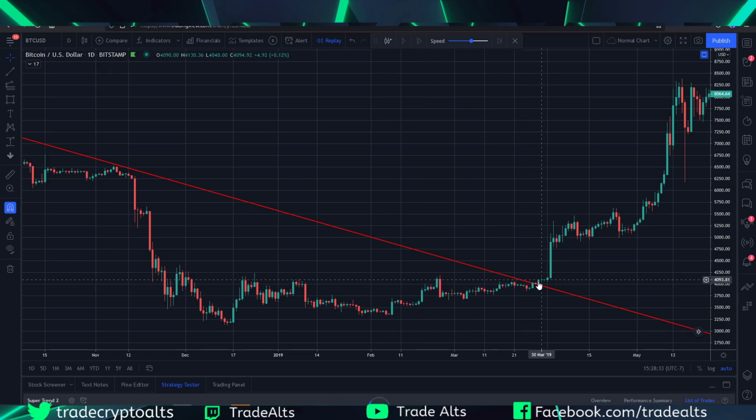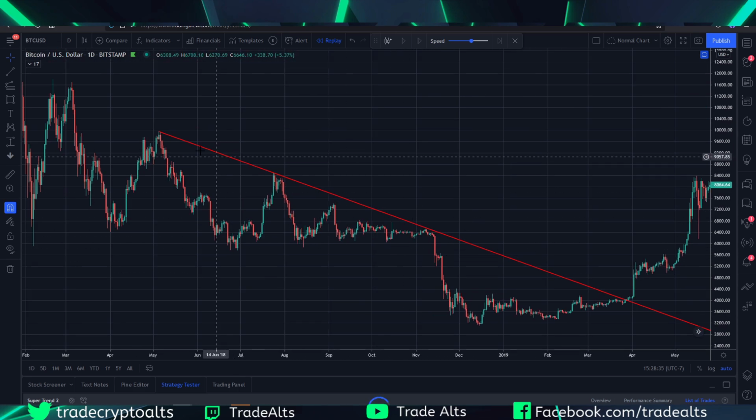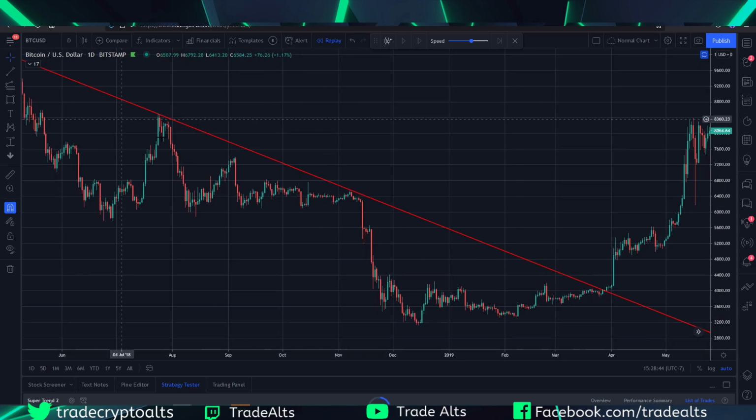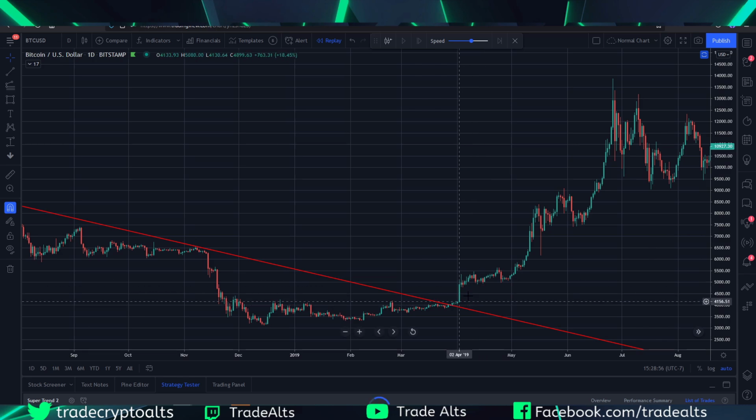Once we broke this trend line, which by the way, your first initial point is back in May of 2018, well, this same trend line, almost a year later, ends up being very important, as once price is able to break through this resistance trend line, guess what happens? You have a massive move to the upside.